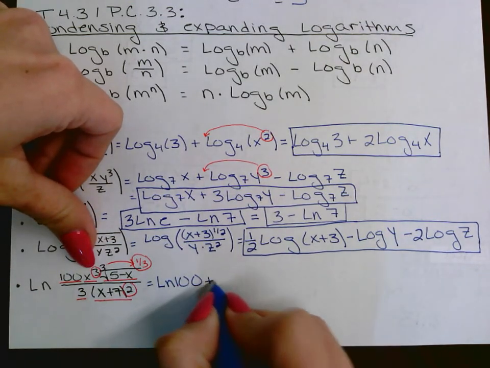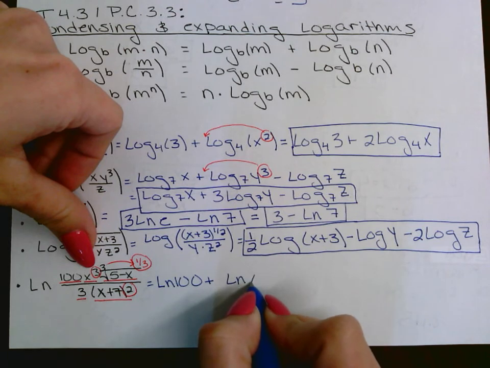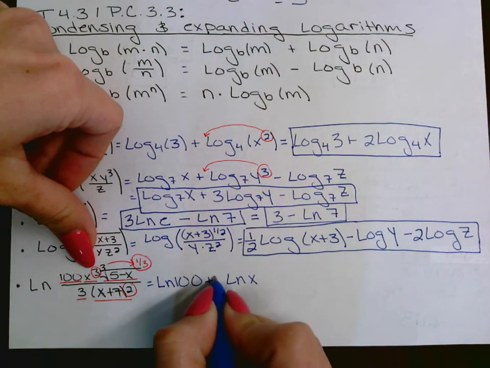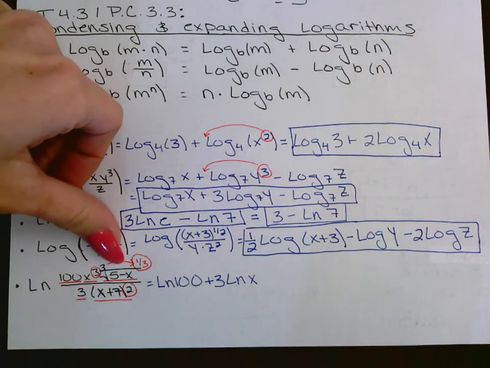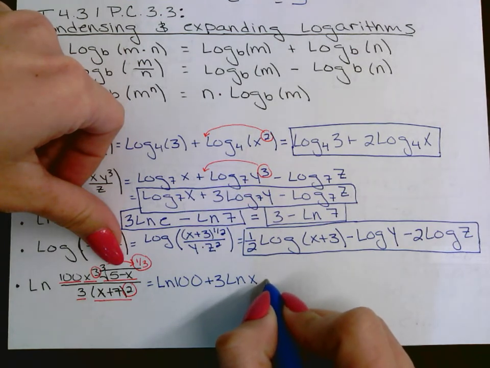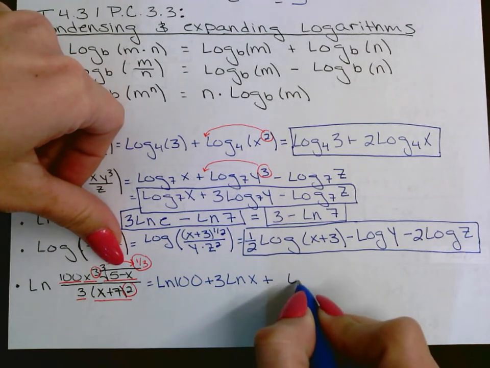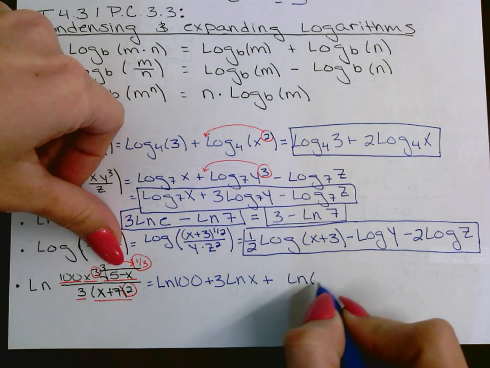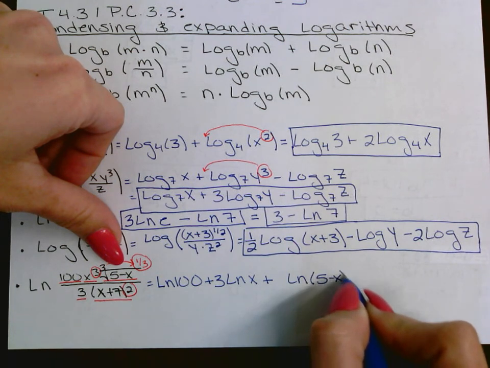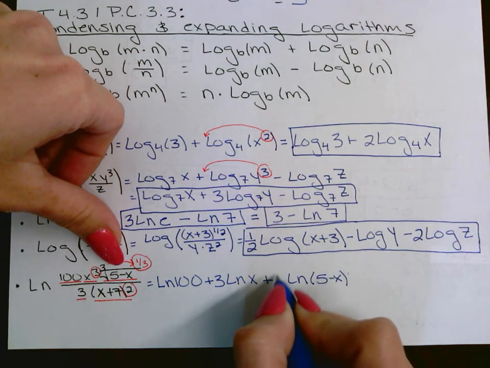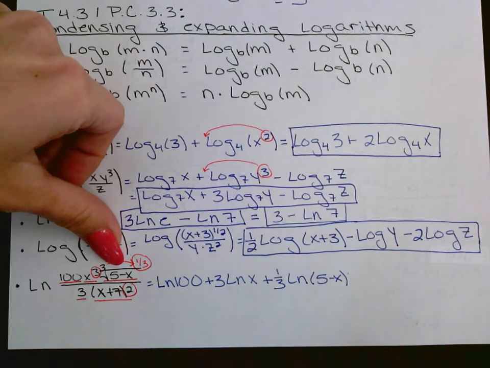Now, plus ln of x, and then the cubed goes in the front. Okay, now the third one, plus an ln of 5 minus x, and instead of saying to the 1/3, I'm going to put the 1/3 up front.